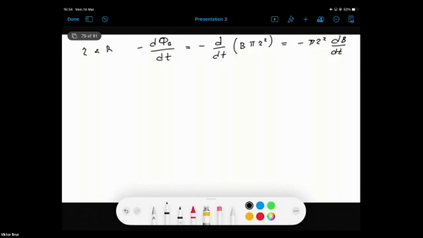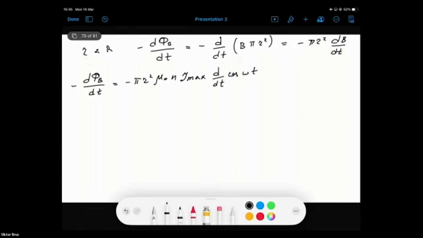Taking this into account, we can write that minus dΦB over dt is equal to minus pi r squared, small r squared, mu naught times n times I maximum, then again the derivative over time of cosine omega t.